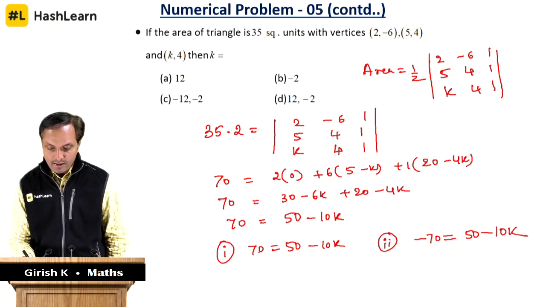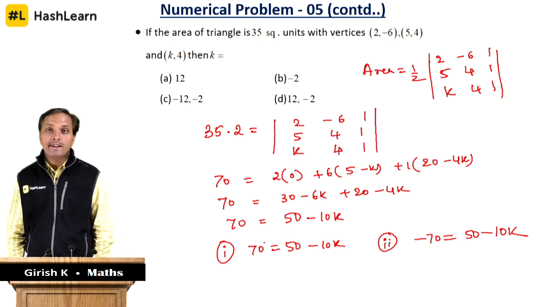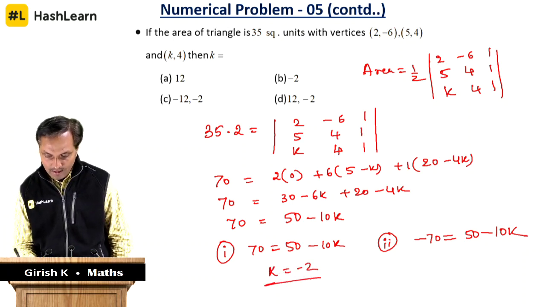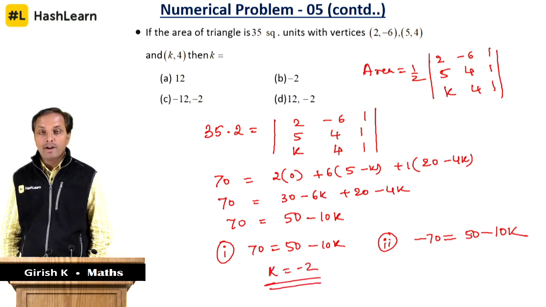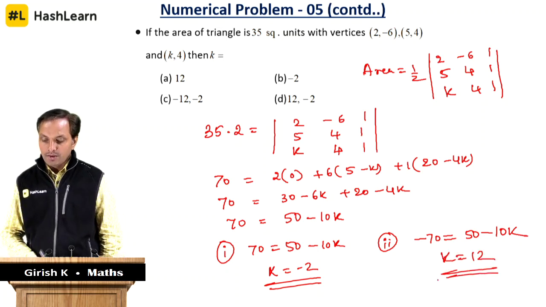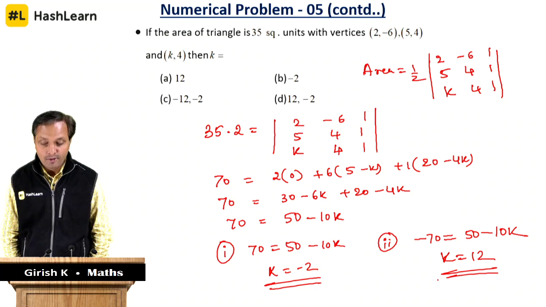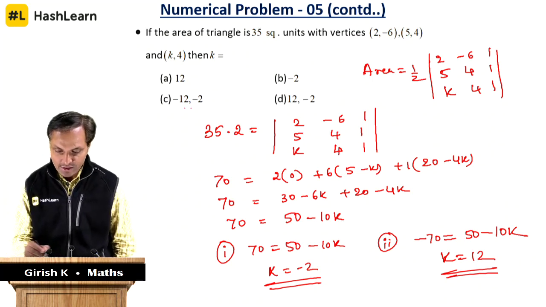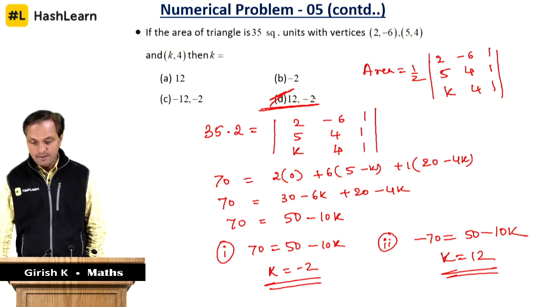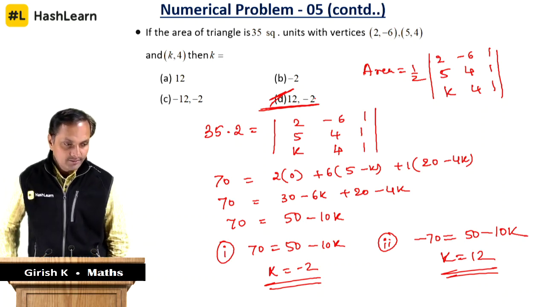Once you take 70 minus 50 is 20 by 10, K value will be minus 2, and 50 minus 120 K value will be plus 12. So you will have two values of K. K is equal to 12 and K is equal to minus 2. 12 and minus 2 is in option D. That is the choice.